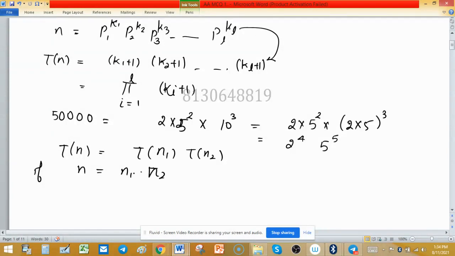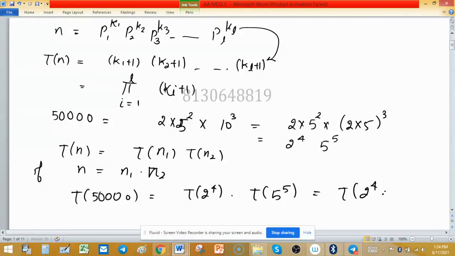So we can write tau 50,000 as tau of 2 raised to the power 4 times tau of 5 raised to the power 5, or I can use tau of 2 raised to the power 4 into 5 raised to the power 5.